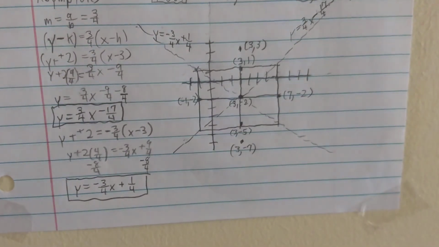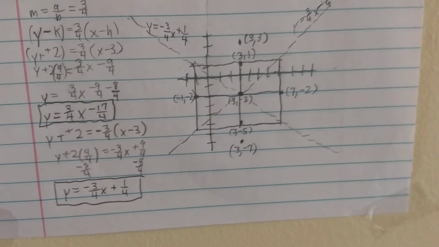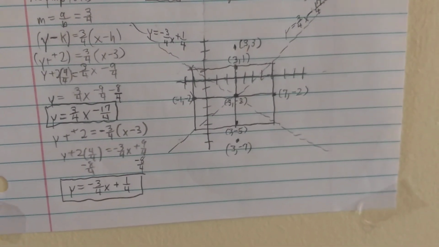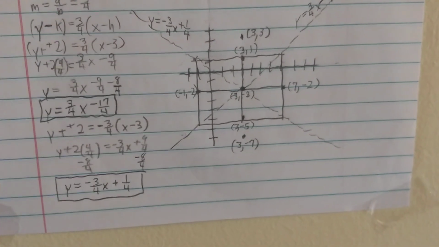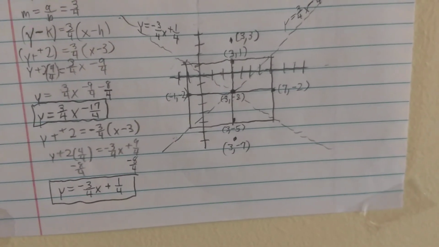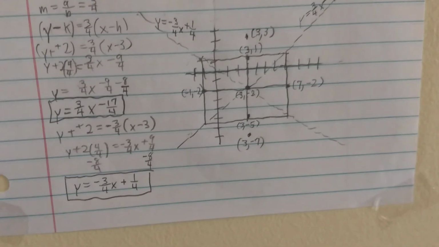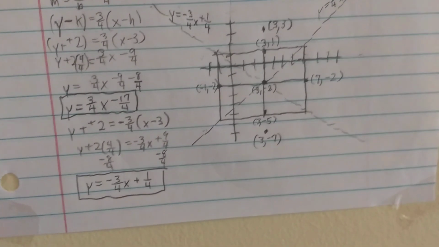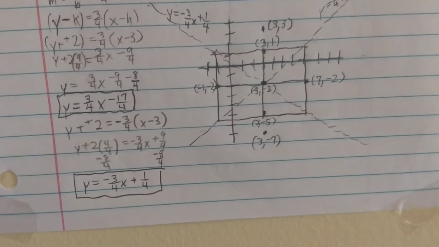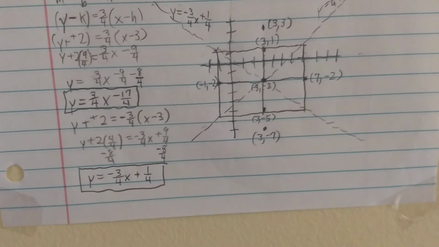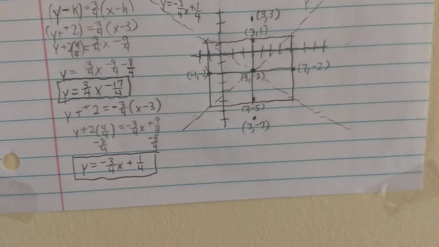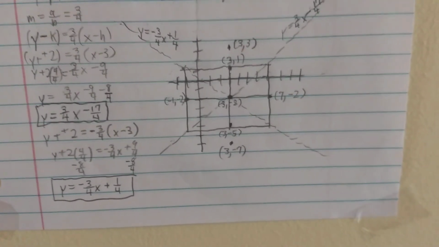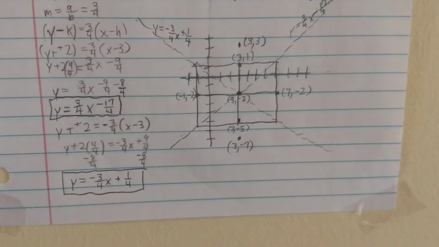Now in order to get this to work, I'm going to say y plus 2 times 4 over 4, because I know I'm dealing with fourths, is equal to 3/4 x minus 9/4. And now I can subtract the 8/4 from the 9/4 and get y equals 3/4 x minus 9/4 minus the 8/4 brought over. So the upward going line is 3/4 x minus 17/4.